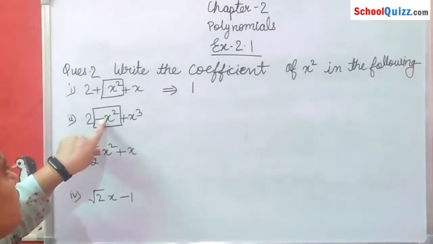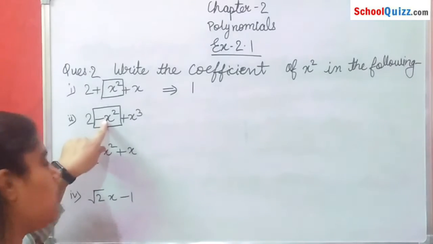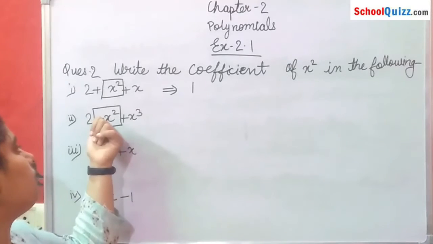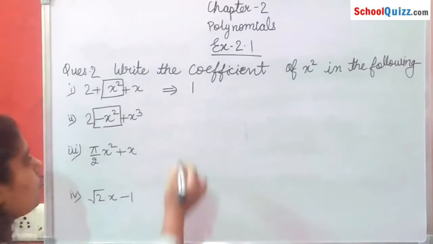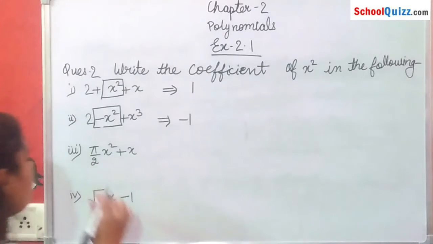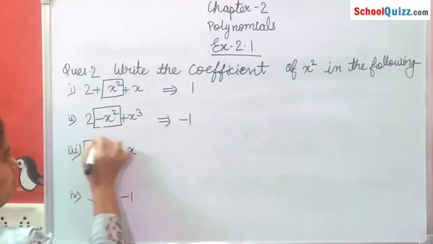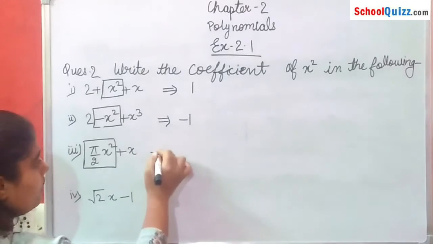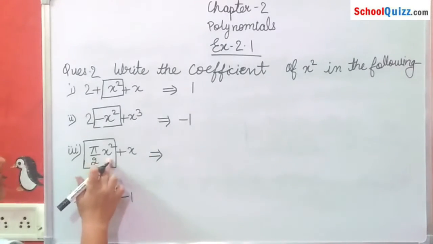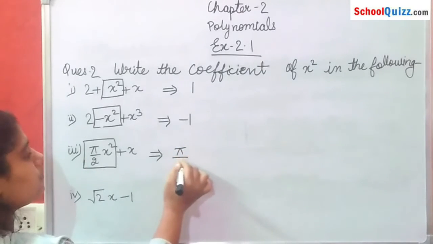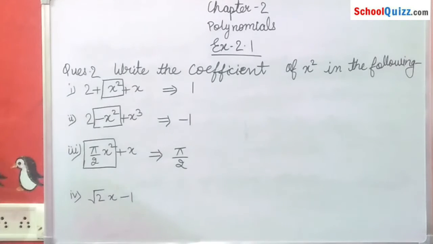So here x square के आगे कुछ नंबर नहीं, only 1 is there, but x square के आगे कौन सा सिंबल लगा हुआ है, माइनस का, तो कौन सा नंबर आएगा कोफिशिएंट ऑफ x स्क्वायर, it is here -1. सिमिलरली here ओनली x स्क्वायर वाला टर्म हम लोग लेंगे. Here x स्क्वायर के साथ में अब क्या लगा हुआ है, pi by 2, so the coefficient of x square is pi by 2.